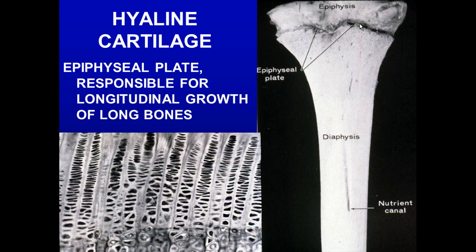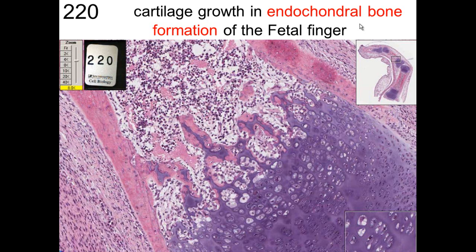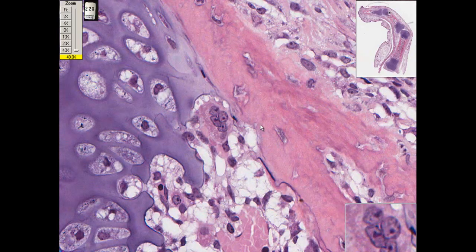So the cartilage can grow from within. It grows from within, then it replaces bone, and that's how you grow your long bones in your body. And we call that endochondral bone formation, where you have bones formed from where cartilage was at one time.